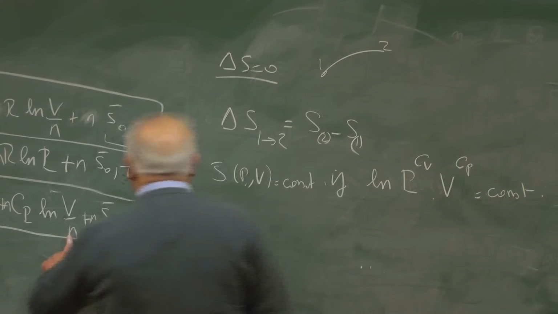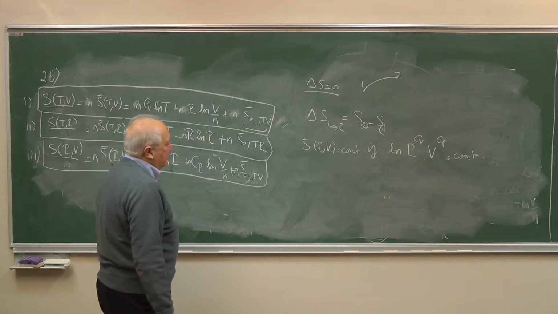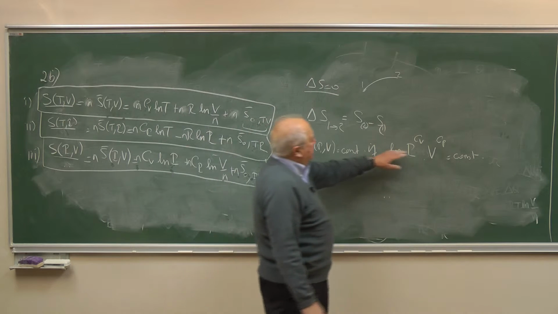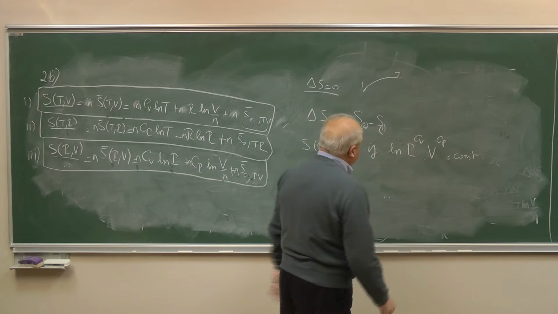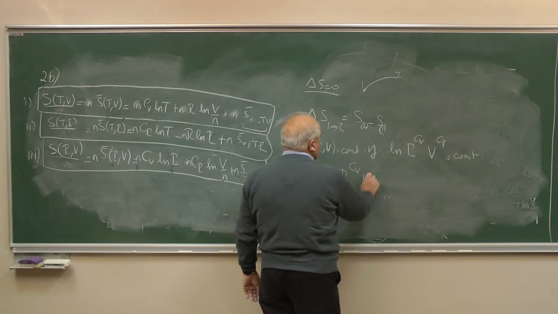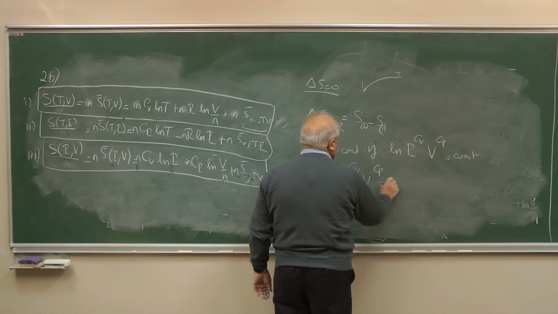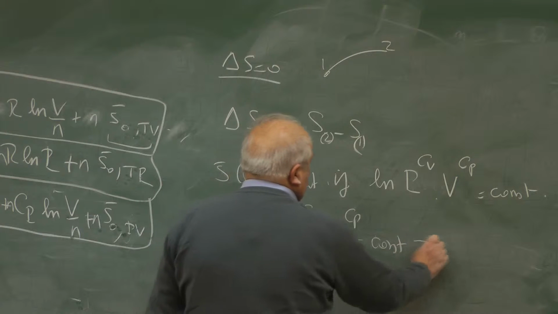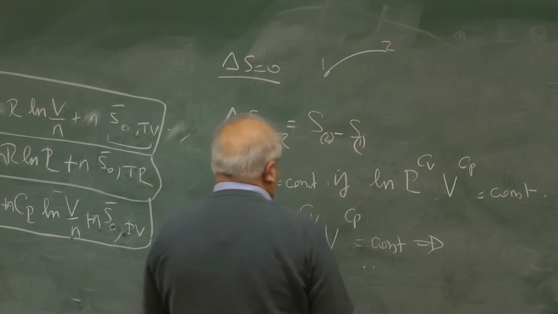Since N is constant, I don't care about it. So the log of it or itself must be constant. So P CV V CP is equal to constant. It is usually written this way.